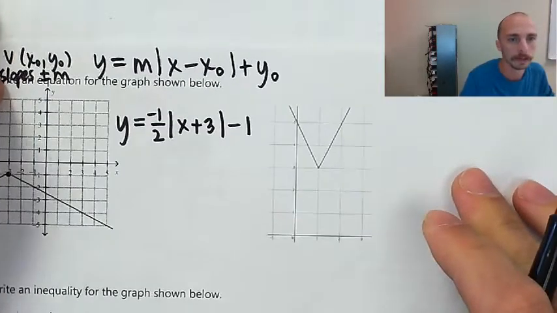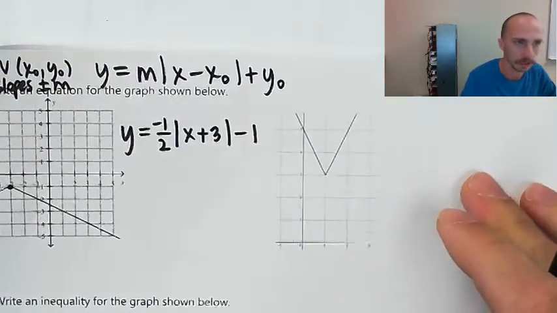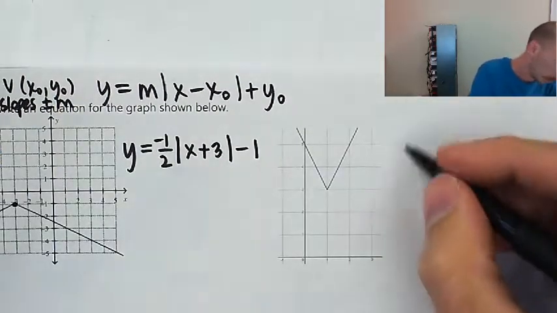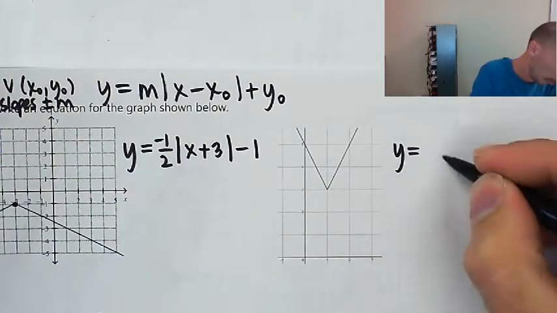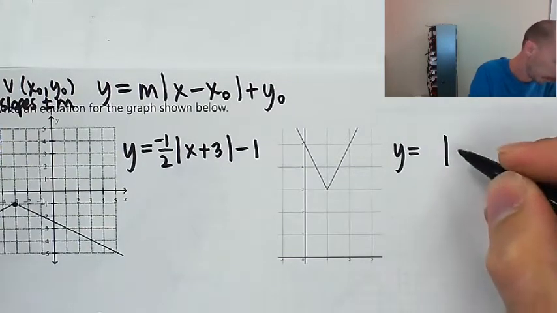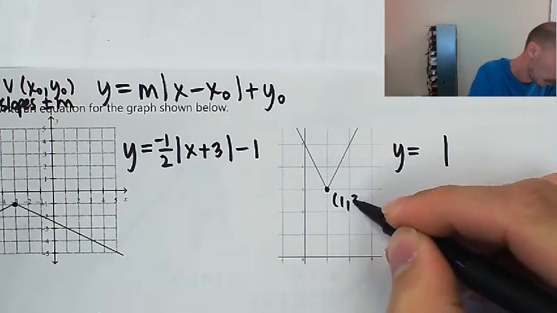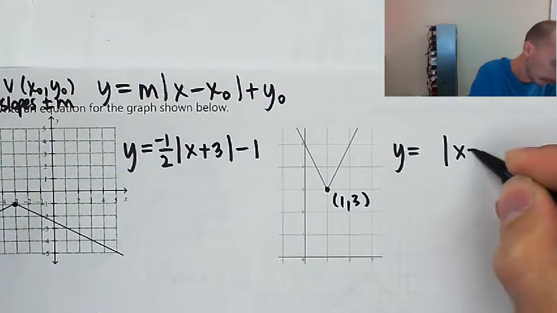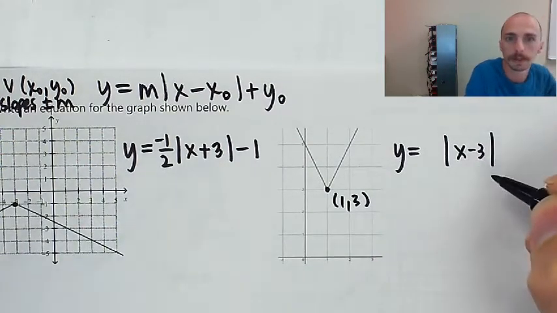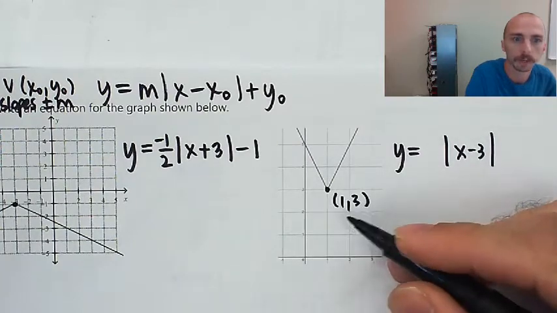Okay? And then for this one, I'm going to start with the same kind of skeleton. y equals some number of an absolute value of, okay, the coordinates of the vertex are (1, 3). So it's going to be x minus 1, because I need to be taking the absolute value of 0 at my vertex.